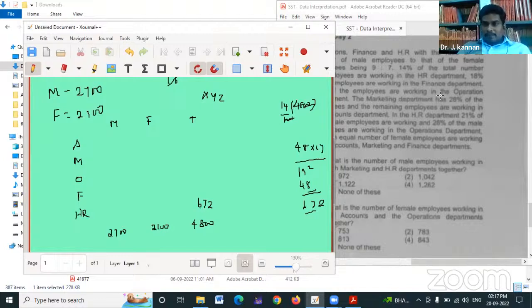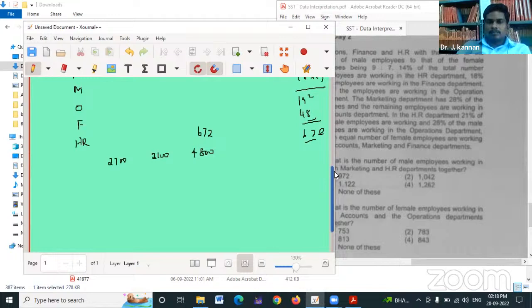Next, 18% of employees are working in the finance department. So the same number, 4,800, but 18%.